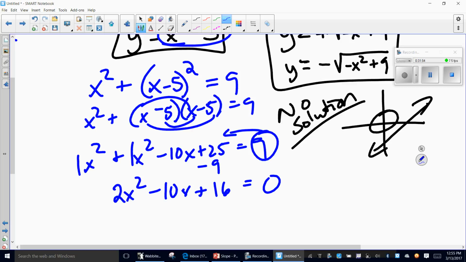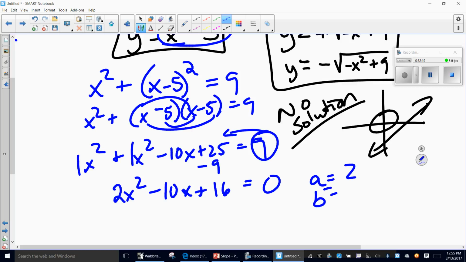Now, anybody try to take this and maybe factor out a 2 first and then try to factor it? If you did, you would realize that this is not factorable. How many did that? And you realized it's not going to work. So how else are you going to solve this one? It's not factorable, so you're probably going to have to do your formula. What's A?